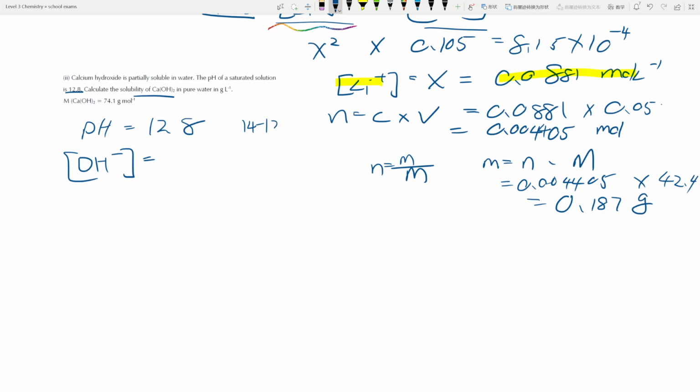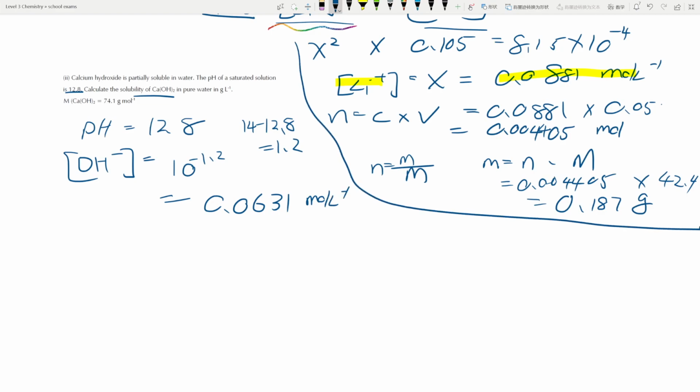We can go 14 minus 12.8 to give us 1.2, and then the OH minus is simply 10 to the power of negative 1.2, which is 0.0631 moles per liter.